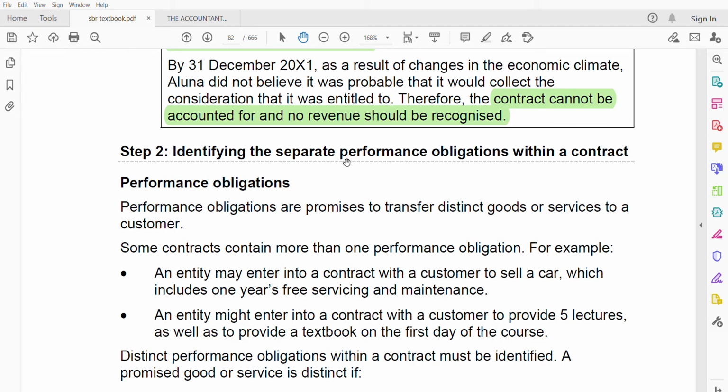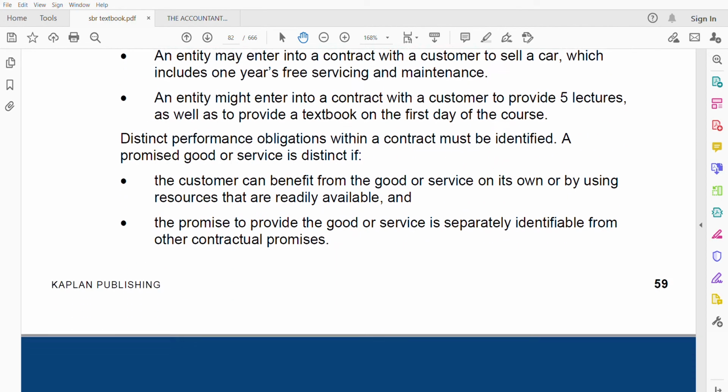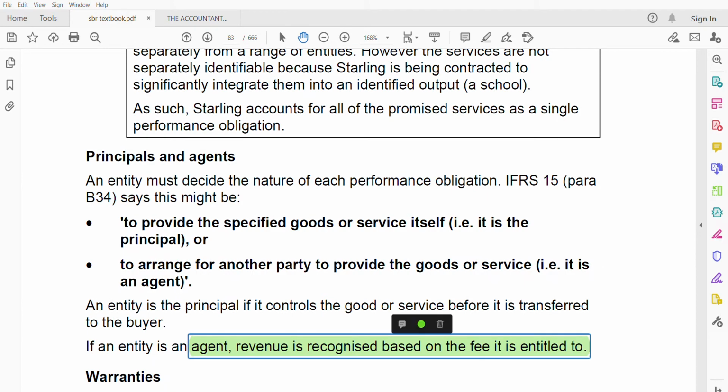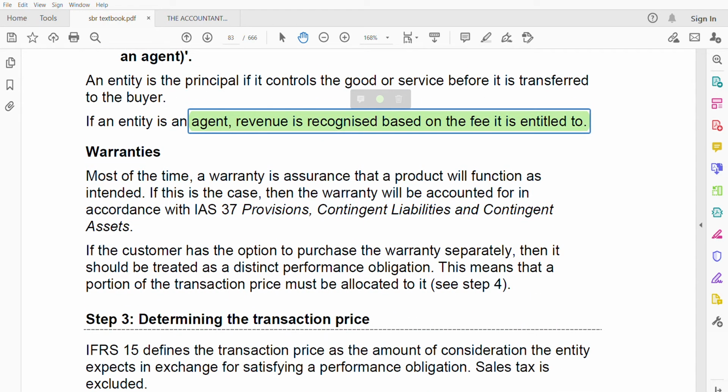So one of the performance obligations could be warranties also. Sometimes when you sell a good, a warranty also comes with it. So that warranty is a performance obligation. And if it's a principal agent, then that fee.